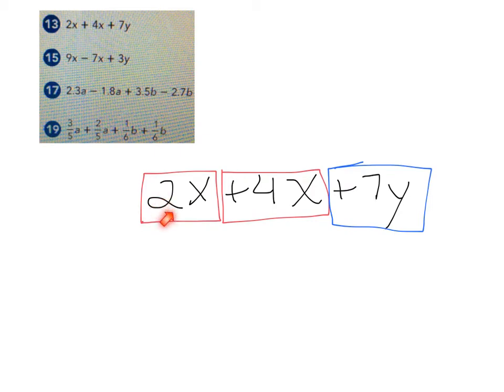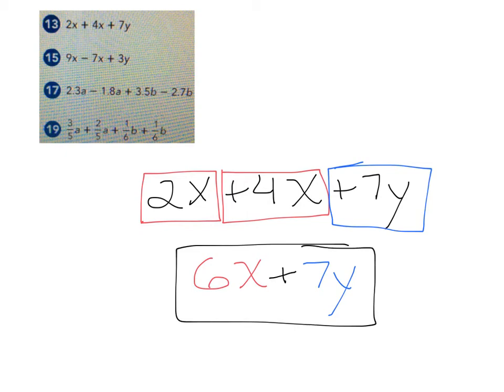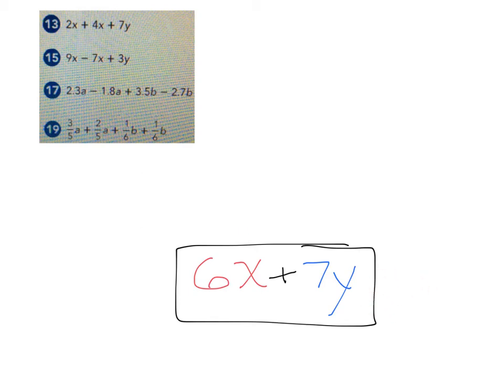So 2 plus 4 is going to be 6x. Then we'll say plus our 7y. This would be your answer right there. Notice also I put them in alphabetical order. I put my x, then my y, because of the alphabet, x, y, z. If you have a constant, the constants would always go at the end. So that's that one.